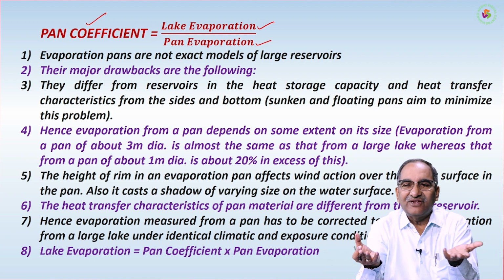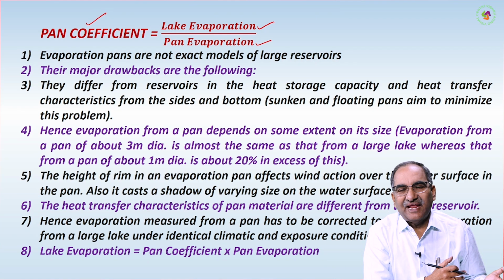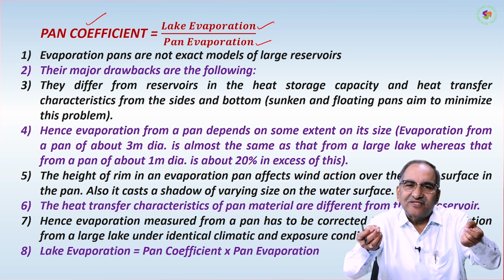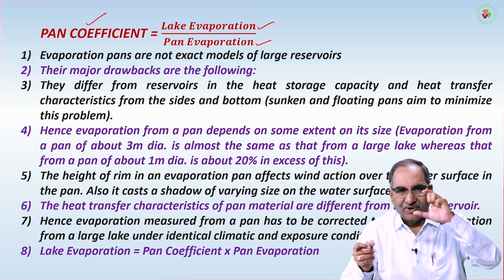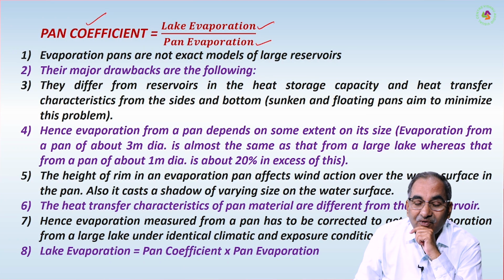Lake evaporation, there is no way that we can measure straight away. So naturally we have to depend on pan evaporation, because the pan is possible to measure physically by using the fixed gauge. What is the principle of the evaporimeter actually? What is the principle, you tell me?